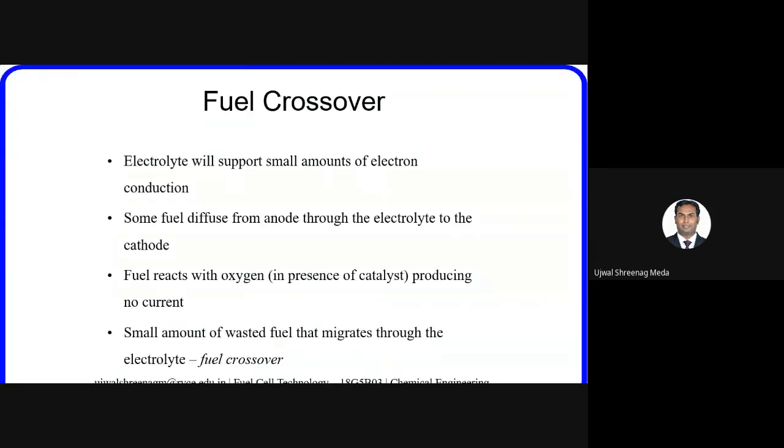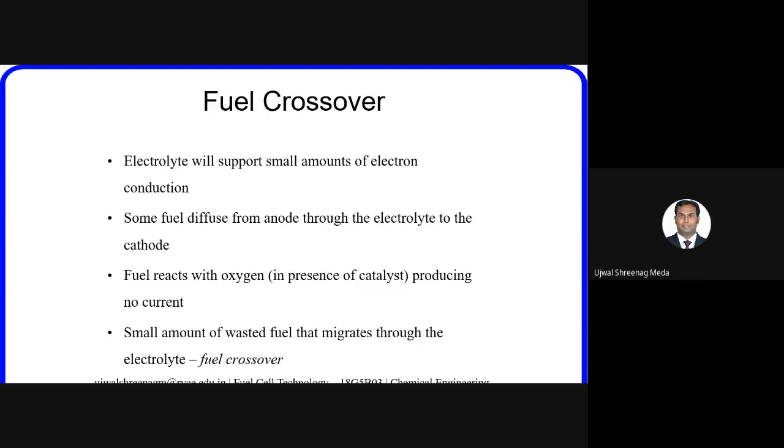So now we shall do the comparison. Essentially, this fuel crossover and internal current are equivalent, meaning if one molecule of hydrogen, instead of getting consumed at the anode, passes through the electrolyte and gets consumed at the cathode, that means because of that, two electrons did not flow through the external circuit.